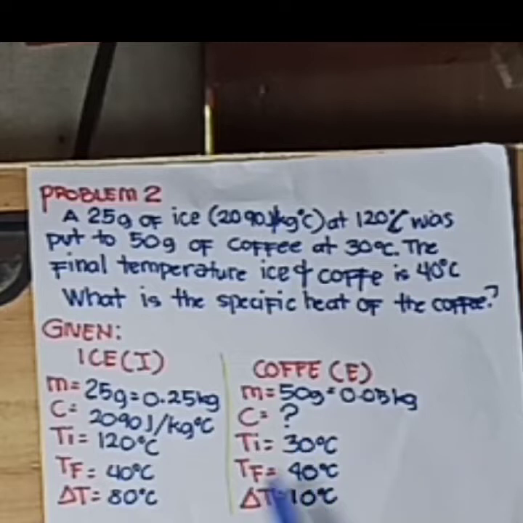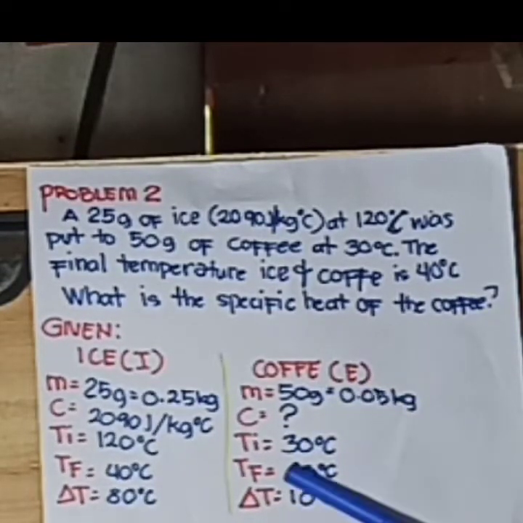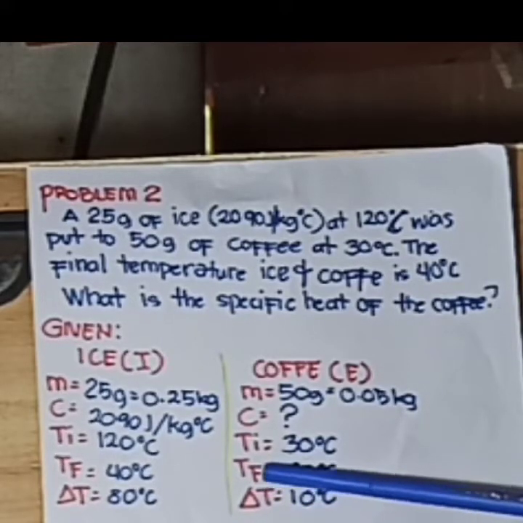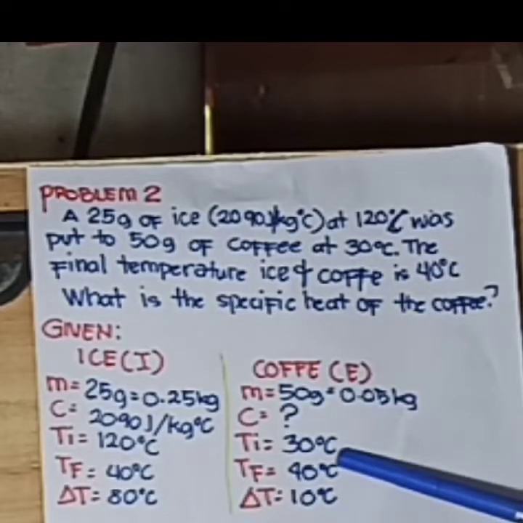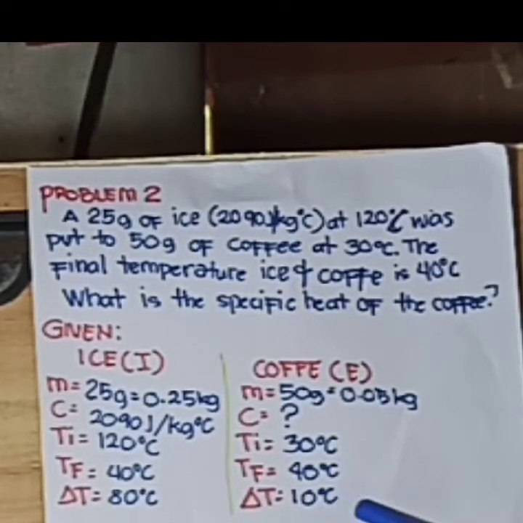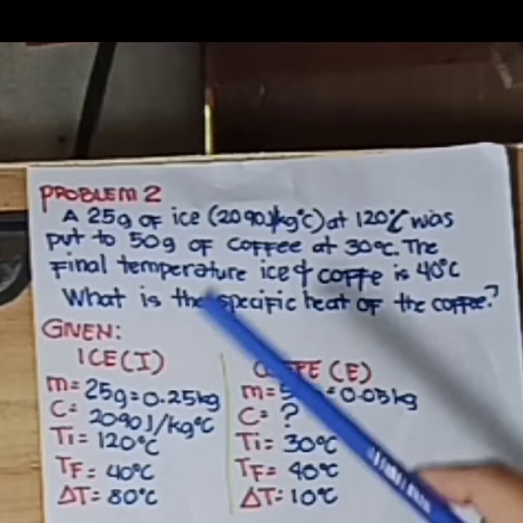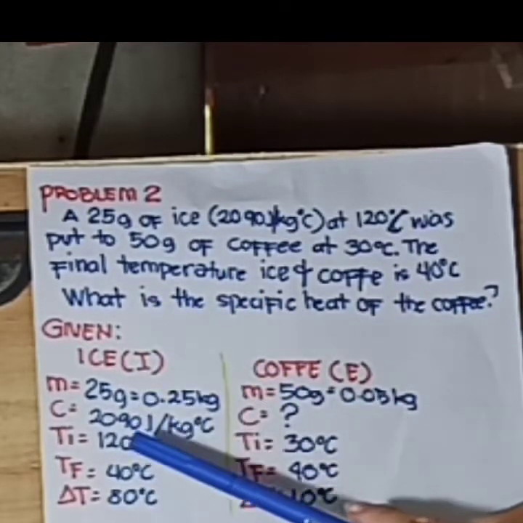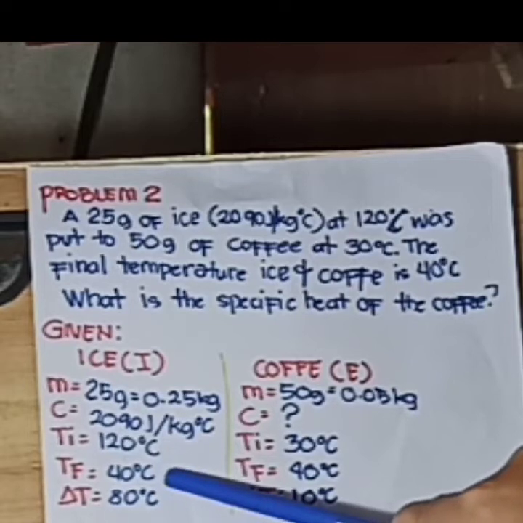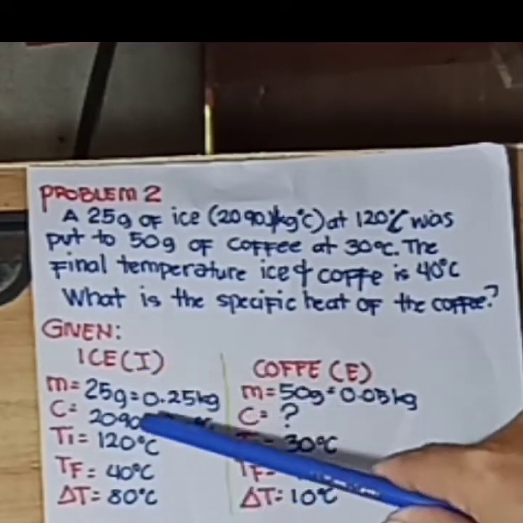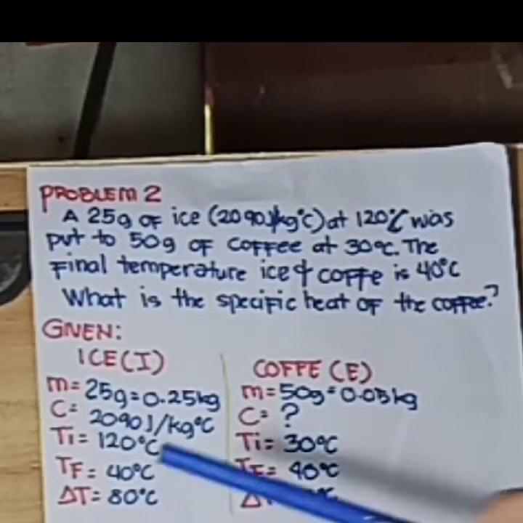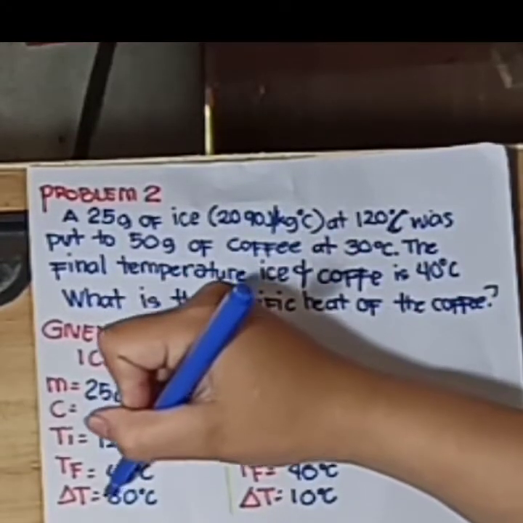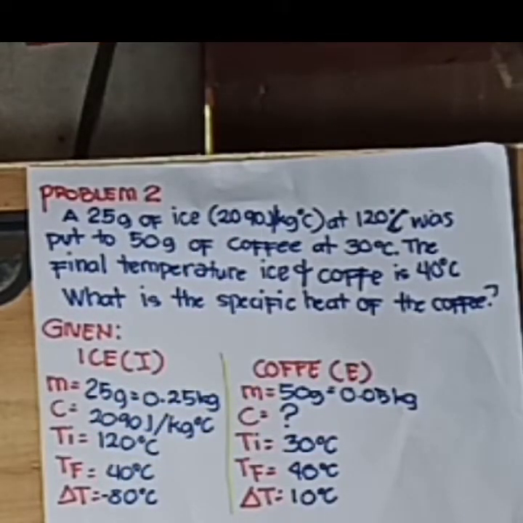To get the change in temperature, we subtract the initial temperature from the final temperature: 40 minus 30 is equal to 10 degrees Celsius. And for the ice, 40 degrees Celsius minus 120 degrees Celsius is equal to negative 80 degrees Celsius.